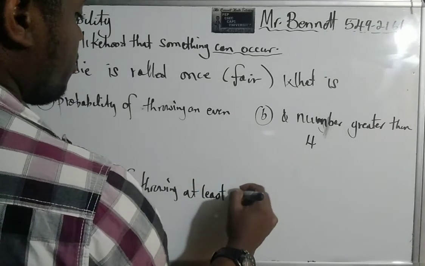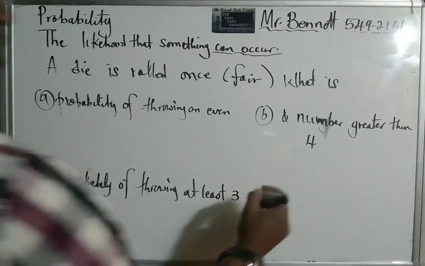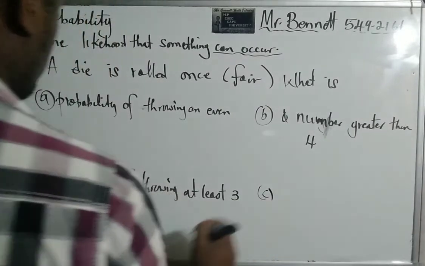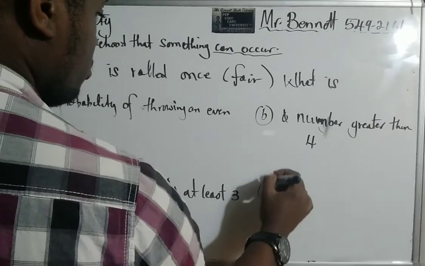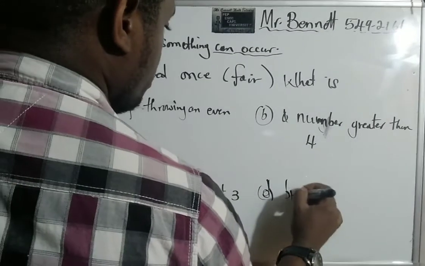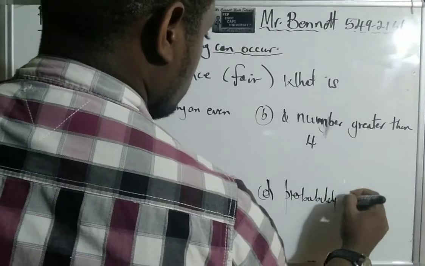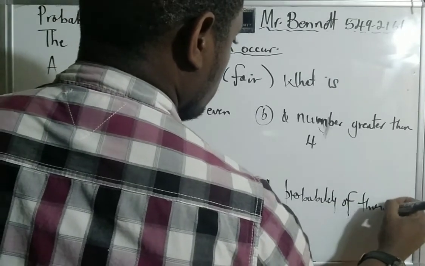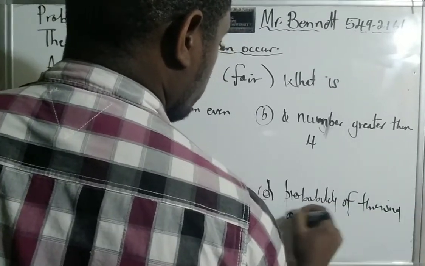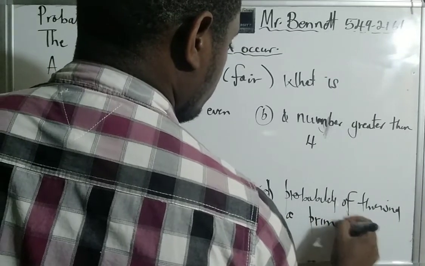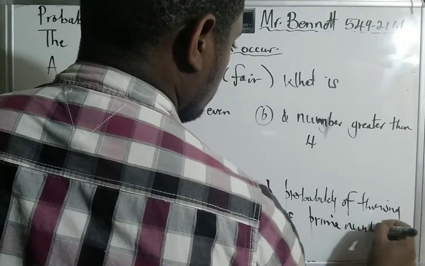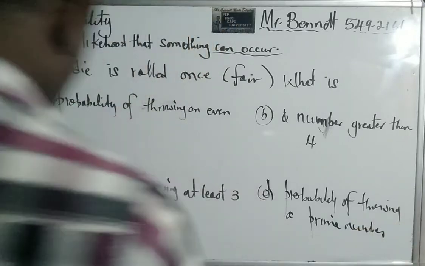And they can say the probability of throwing a prime number. I'm just showing you all the different ways in which you can say it.